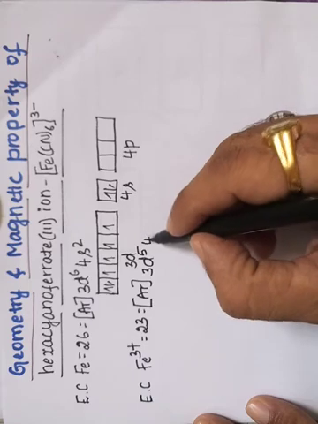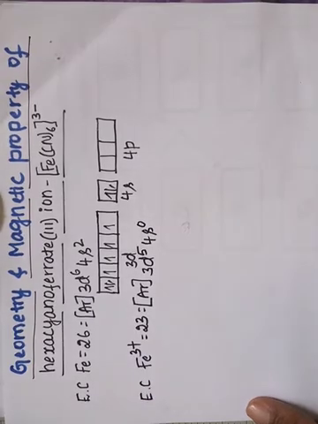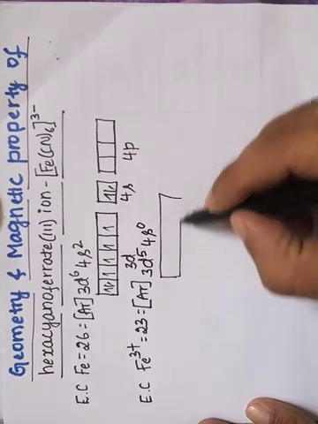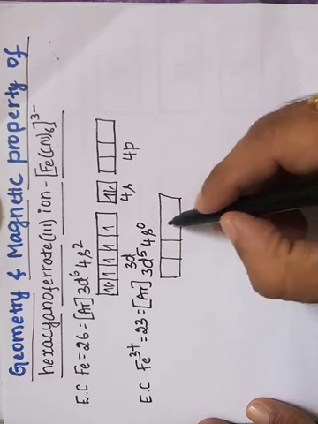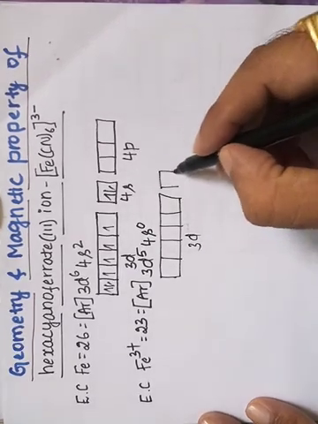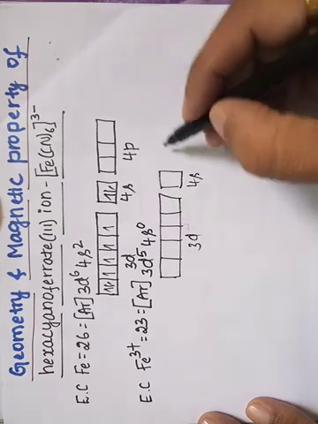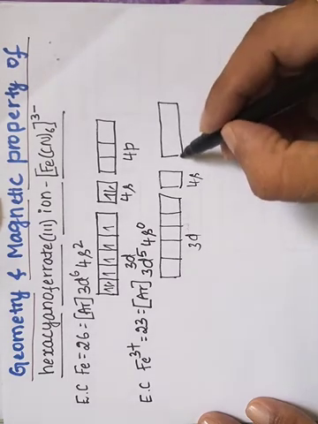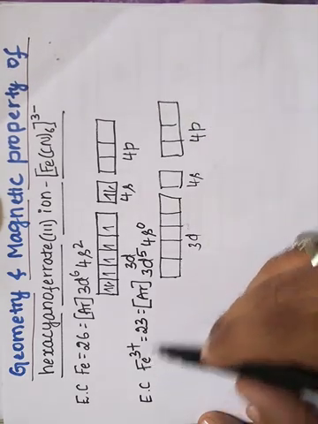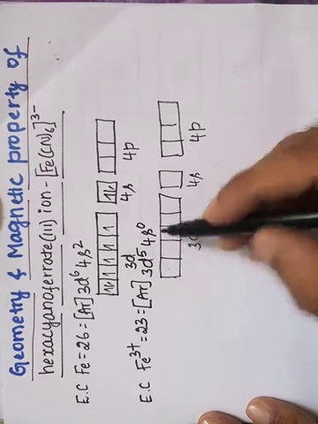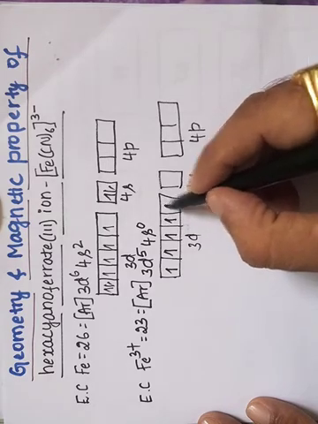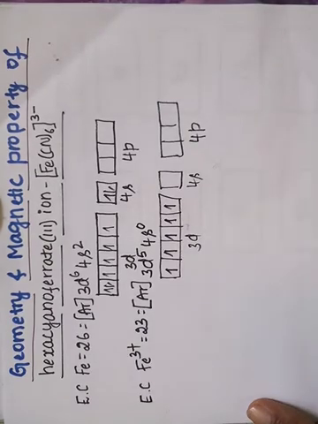Therefore 3d5 4s0. In box representation, this is the 3d orbital, the 4s orbital, and the 4p orbital. Now in the Fe3+ ion there are 5 electrons in the 3d orbital and no electrons in the 4s orbital.